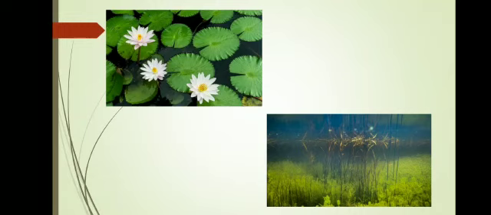Like that, in aquatic plants, not only leaves but stems also have these small holes, in the petioles, which help them to float on the water. Because of that, the leaves and stems are lightweight, so they can easily float on the water and do not sink. This is all about aquatic plants.